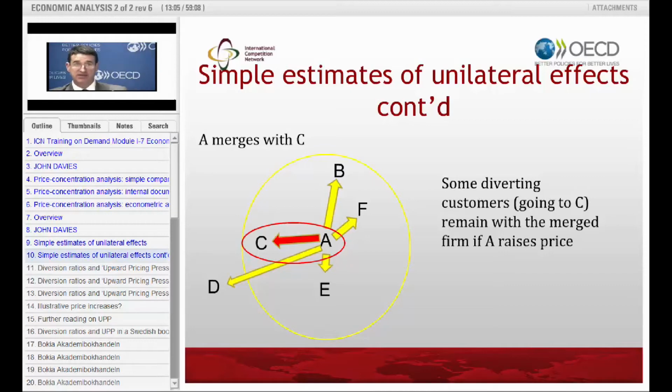And that is measured by the profit margin at C. The higher the margin at C, the more the merged firm gains from a customer leaving A to go and buy from C, so the more willing the merged firm will be to raise prices at A.